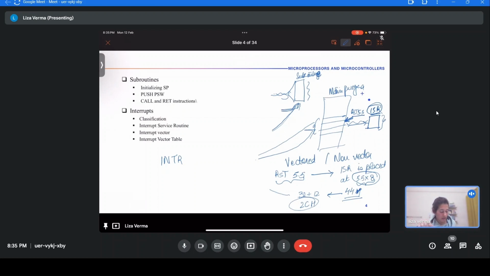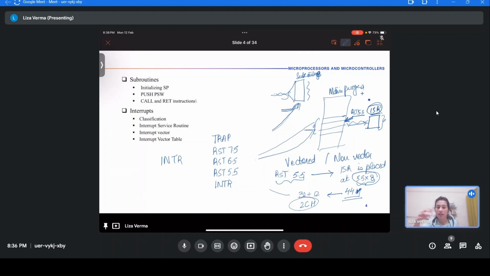And since this is INTR, priority, I think it was discussed, I don't remember. So these are the 5 interrupts: trap, RST 7.5, RST 6.5, and INTR. There can be cases where there are multiple interrupts, right? MUP can have multiple peripheral devices connected to it, and many of them can cause an interrupt to occur.